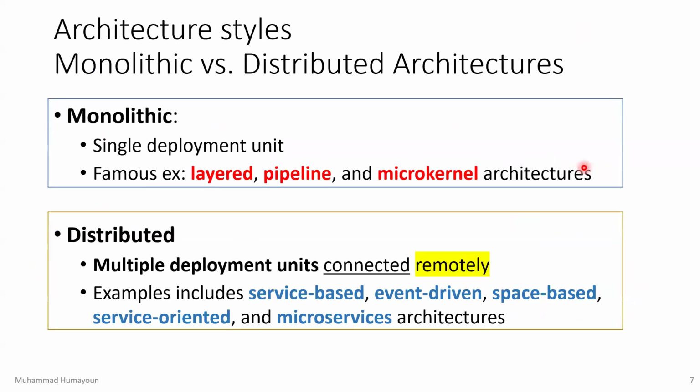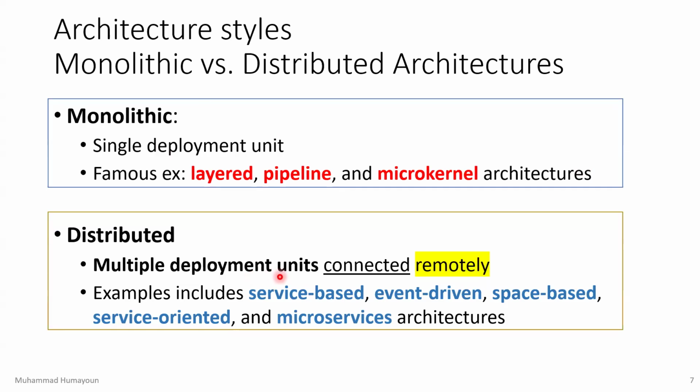Now, when we look at architectural styles, we can clearly divide architectures into two distinct styles: monolithic architectural styles and distributed architectural styles. Monolithic architecture style means one single deployment unit, whereas distributed architectural styles means multiple deployment units connected remotely.